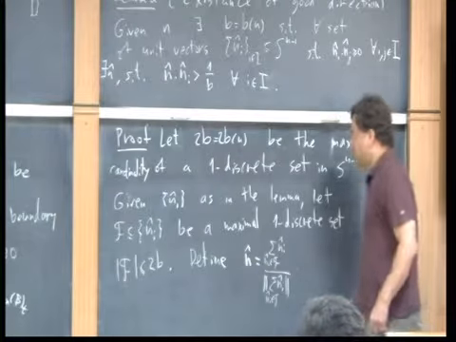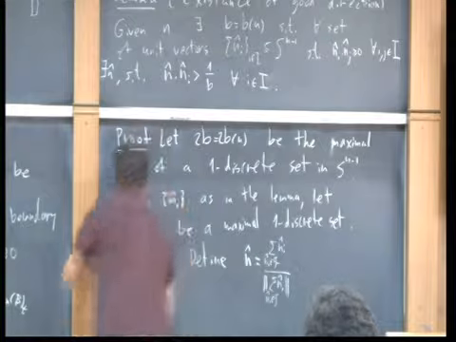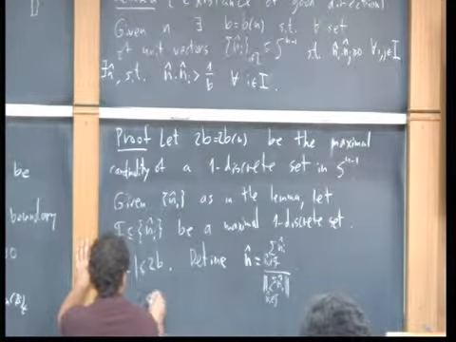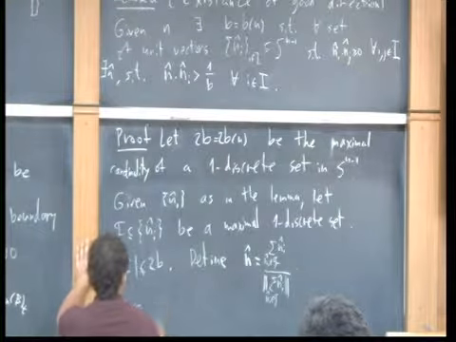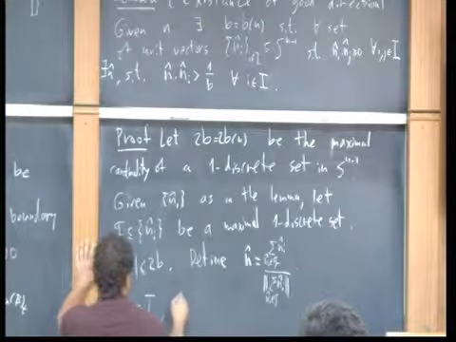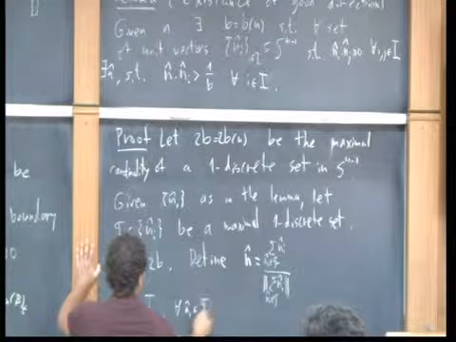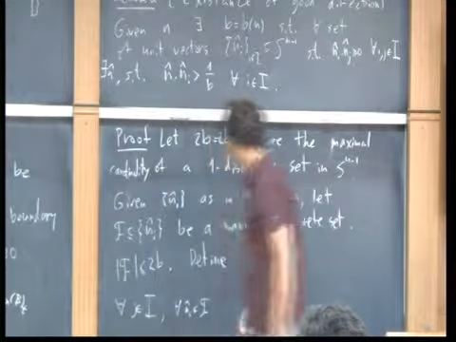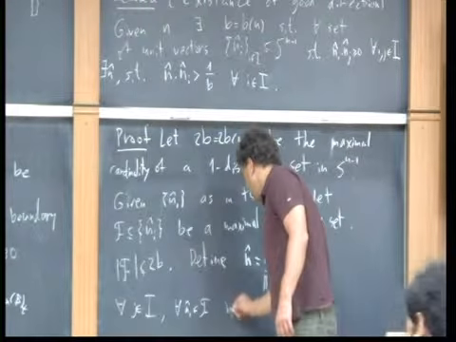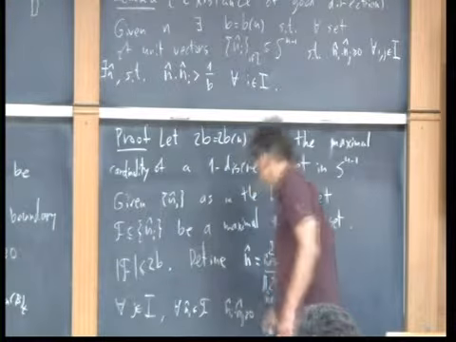Okay. Now for every j in my set, and every ni in f, the inner product of ni and nj is non-negative.